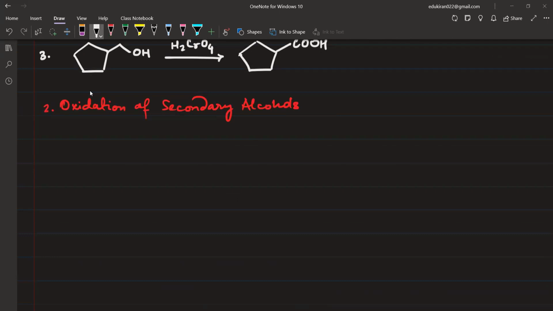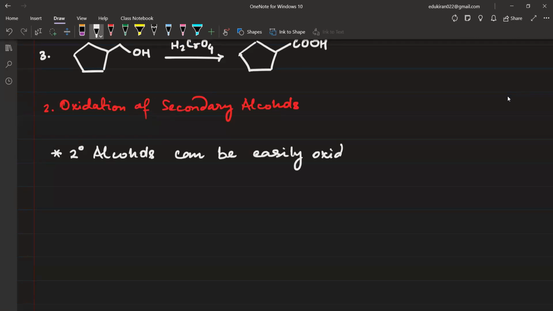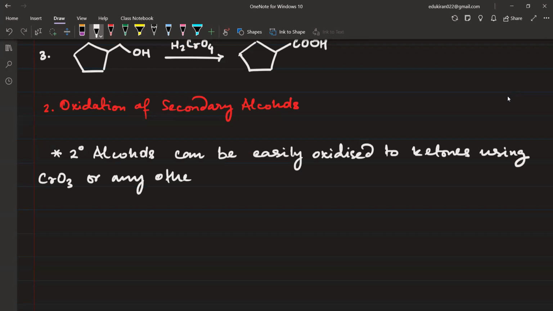Oxidation of secondary alcohols. 2-degree alcohols can be easily oxidized to ketones using CrO3 or any other mild oxidizing agent.